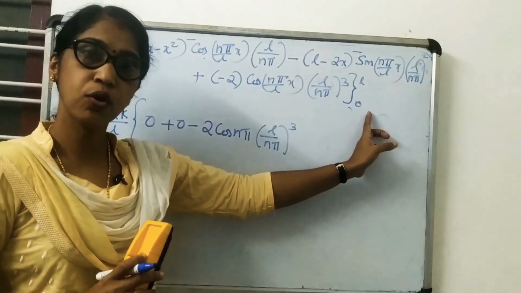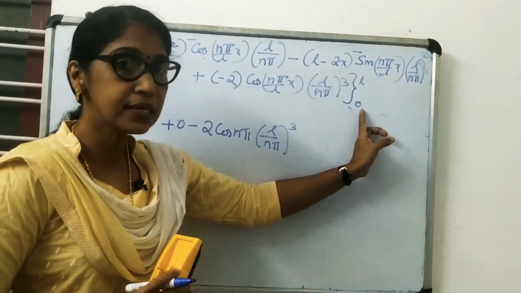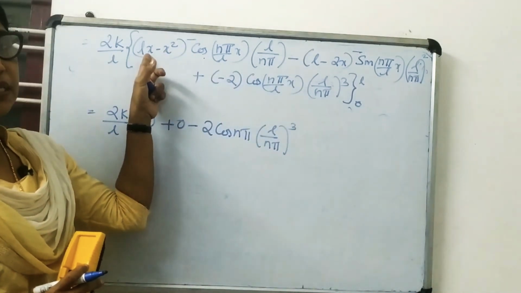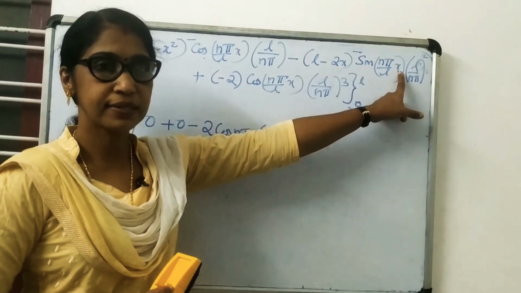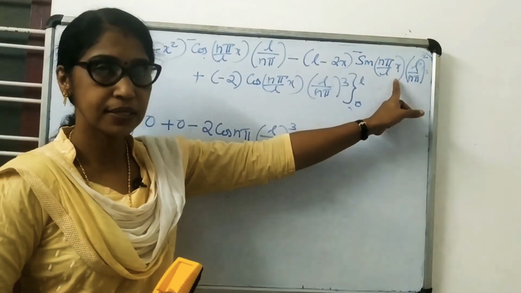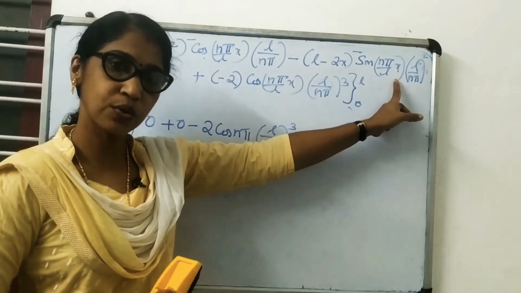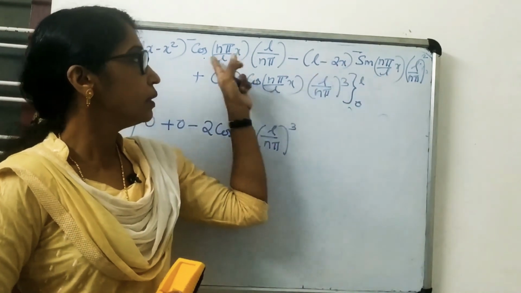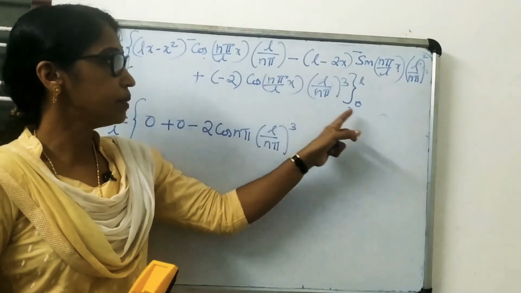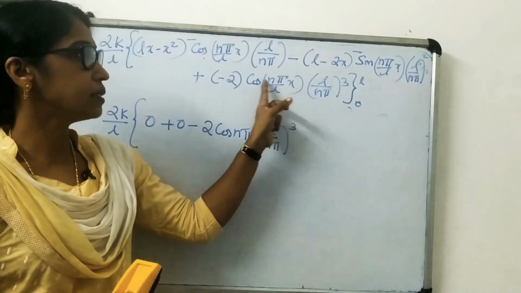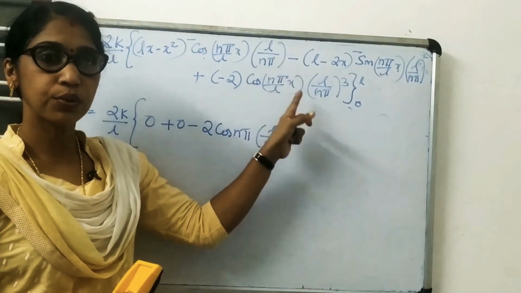Now I am putting the lower limit. Lower limit is 0. Putting 0 for this x, this term becomes 0. Also here I am putting x equal to 0, then this becomes sin 0 and sin 0 is also 0. So both these terms become 0 by applying the lower limits. Now the last term: applying 0 to this becomes cos 0 and cos 0 is 1.